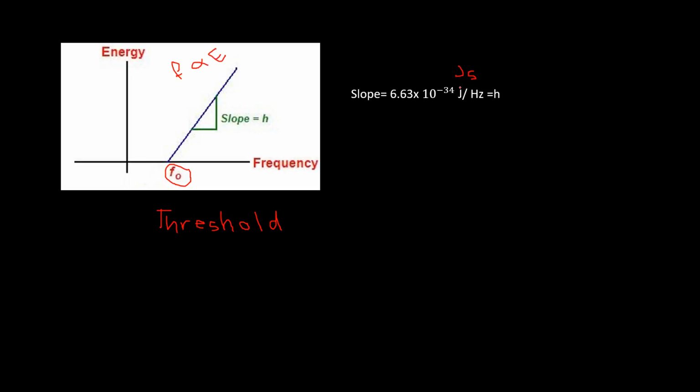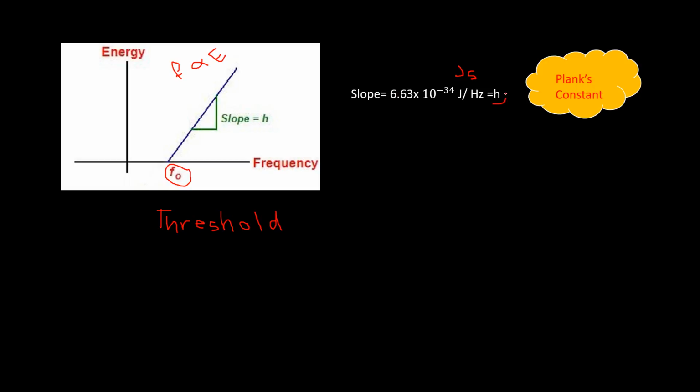The slope of this energy-frequency graph is 6.63 times 10 to the power of negative 34 joules per hertz, or joule seconds. This constant is called Planck's constant, and it is a very small number and is symbolized by the letter h.